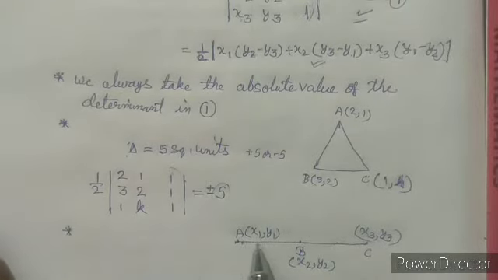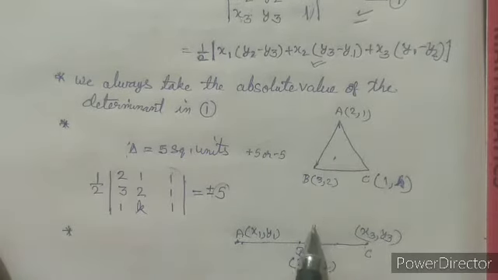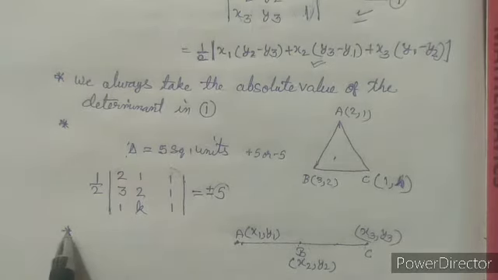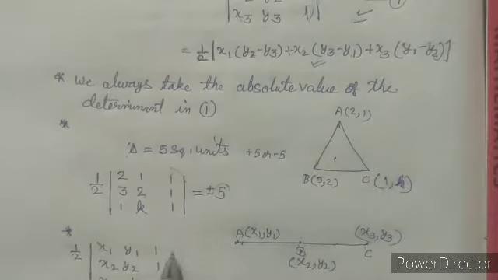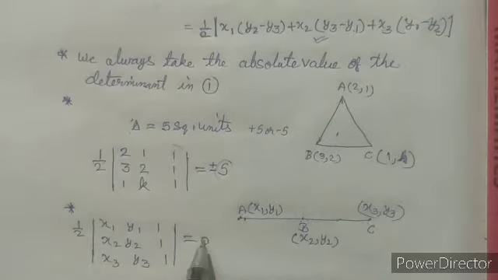we can see that if 3 points are collinear, then they will not form a triangle. That means in the case of collinear points, the area of the triangle will be equal to 0. That means we can say that half into the determinant of x1 y1 1, x2 y2 1 and x3 y3 1 will be equal to 0, since the area of the triangle is equal to 0.